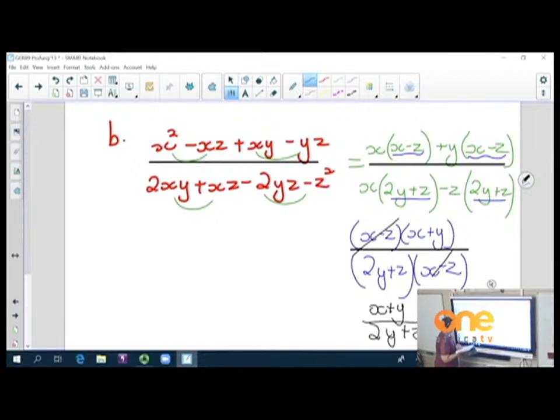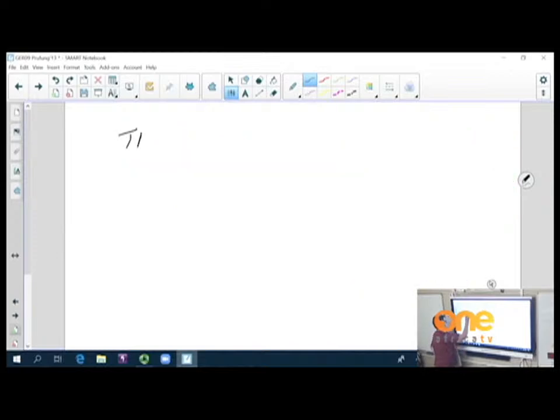Now, the next one is exercise 26. And we are still multiplying now here with our fractions. This is all multiplication. Now, this one looks like this, 3a over 8b times 2 over 7ab.